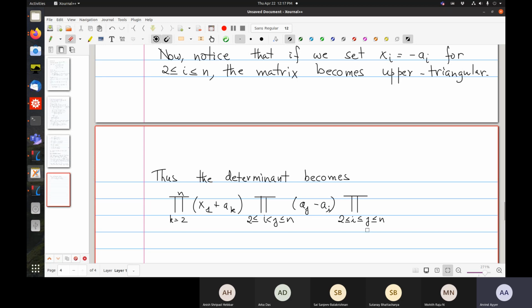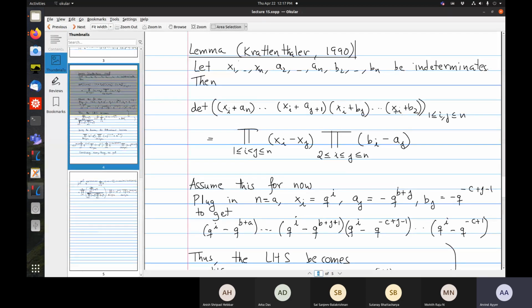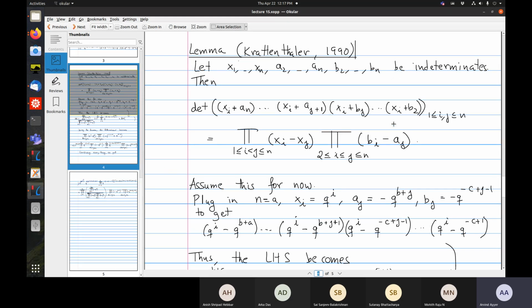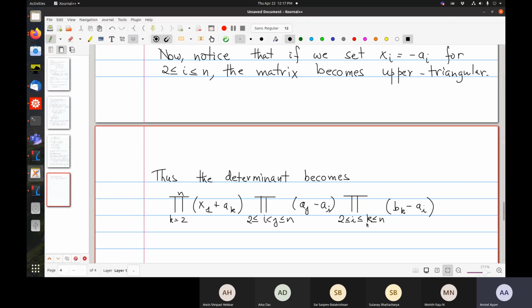Right? Let me put k just to make sure there's no confusion. So here I have minus ai and I have bk. So bk minus ai, because k is smaller than i, and I have k.